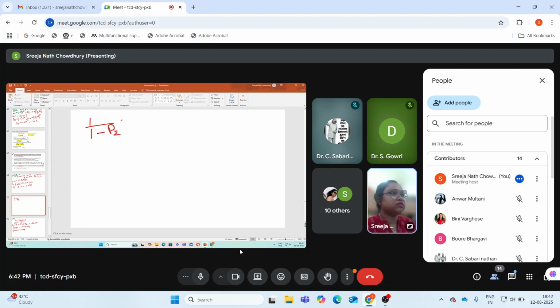The extent of reaction at which gelation occurs for the above mixture is, and also find the average functionality. So you have to find the average functionality, that is F average. And also you have to find the critical extent of reaction above which the gelation will occur.